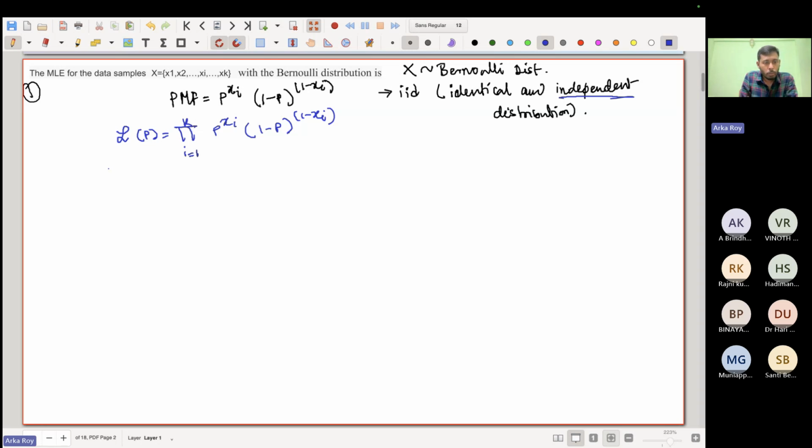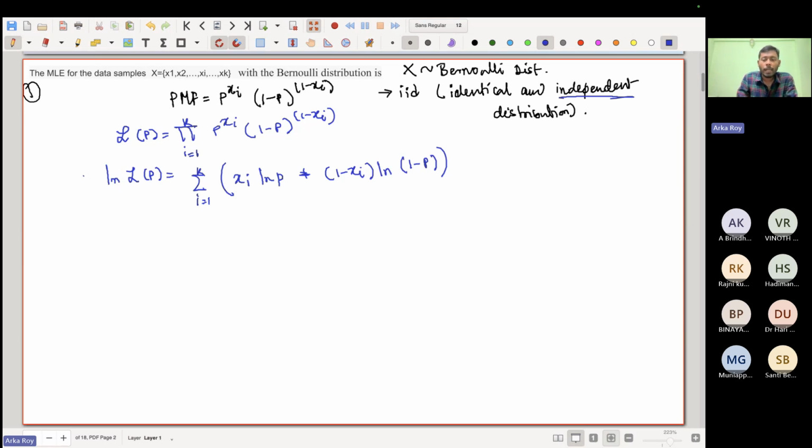So I take the log of the likelihood, ln L of p. Taking the log converts the multiplication into summation: the sum from i equals 1 to k of xi ln p plus 1 minus xi ln of 1 minus p. So we have mitigated the multiplicative form by taking the log likelihood.